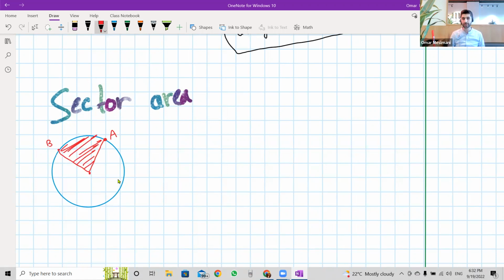How will I calculate the sector area? Again, we have two things to look at. First of all, I will care about the central angle, this one. I'm not going to delete everything here because I want to show you.